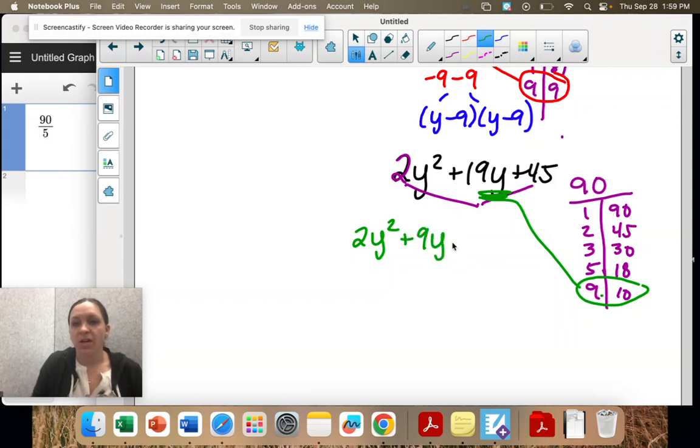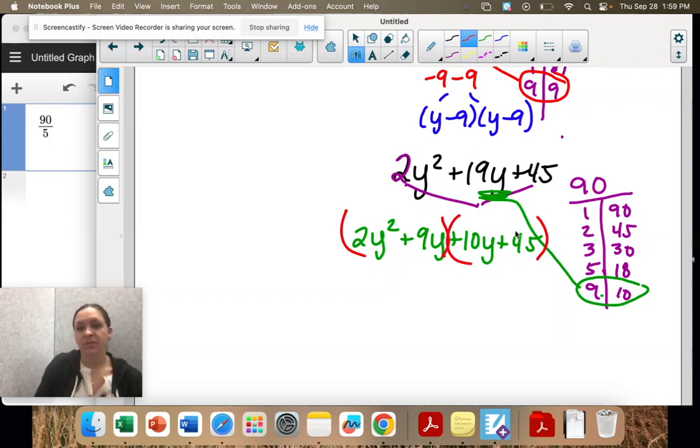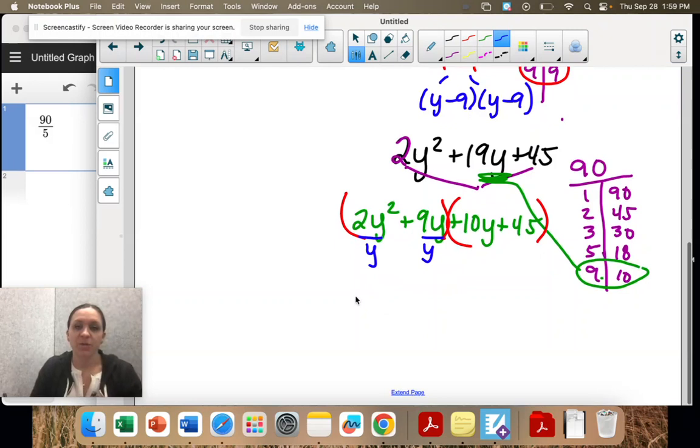So 9y, 10y, plus 45. It's called factored by grouping. So I'm going to factor out the first group. They only have a y in common. The 2 and the 9 do not have a common factor. So I take out a y, and I'm left with 2y plus 9.